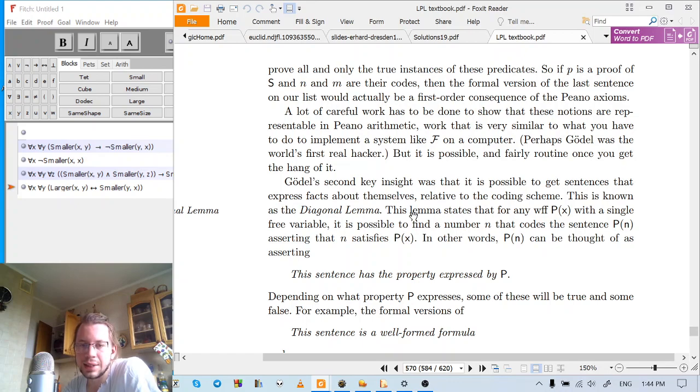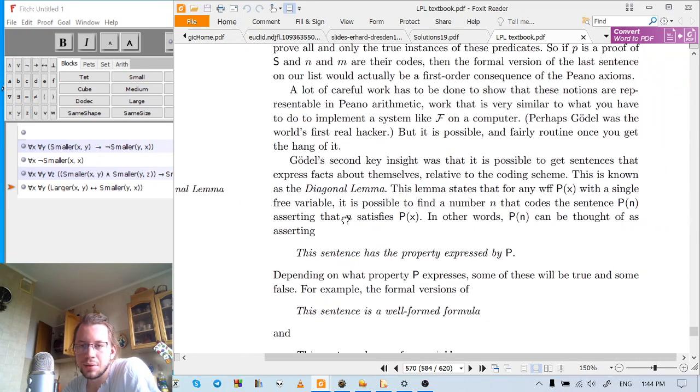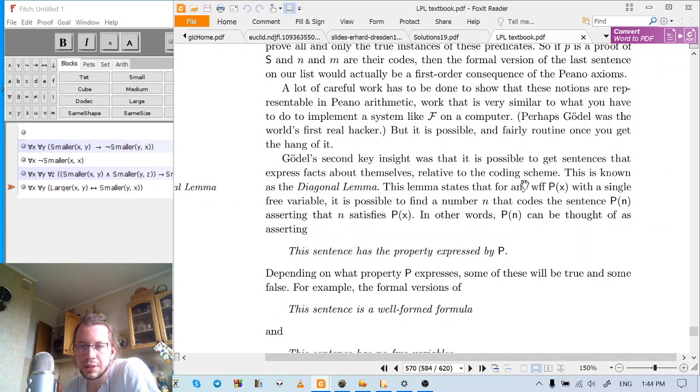Gödel's second key insight was that it's possible to get sentences that express facts about themselves relative to the coding scheme, and this is known as the diagonal lemma.